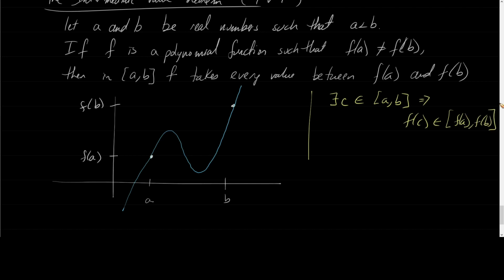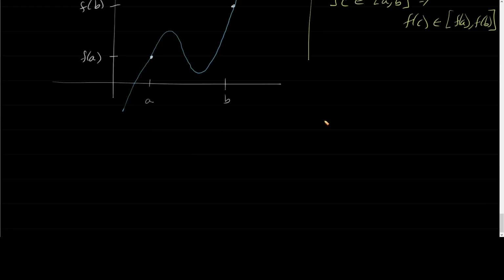Don't worry too much about this notation. I just wanted to show you how to do this in set builder notation or in logical terms. This backwards E is pronounced 'there exists'.